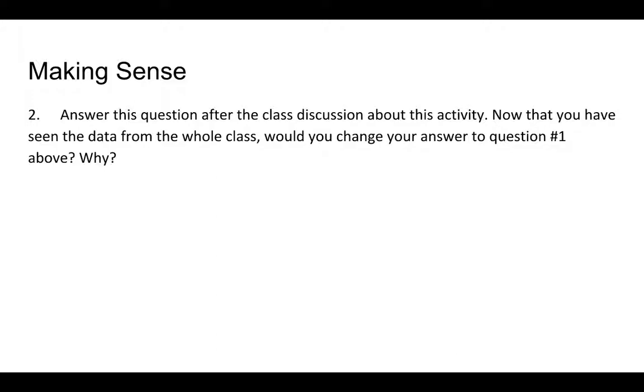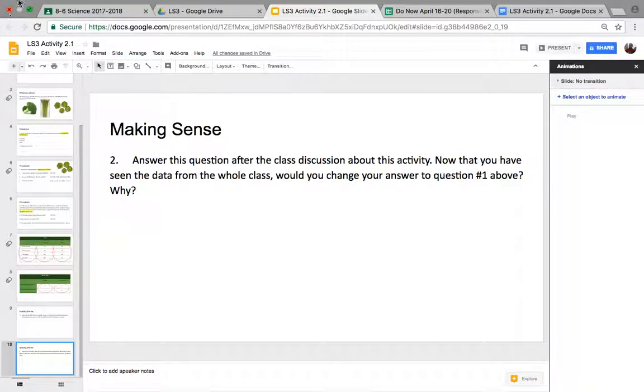And then finally, answer the question after the class discussion about this activity: now that you have seen the data from the whole class, would you change your answer to question number 1 above and why? We're going to taste Brussels sprouts next week, so when we do, you will be able to decide.